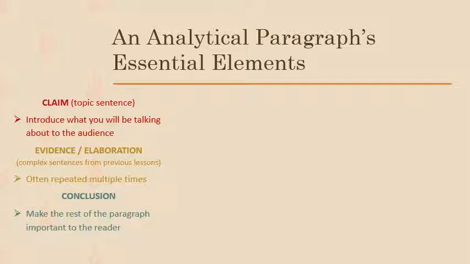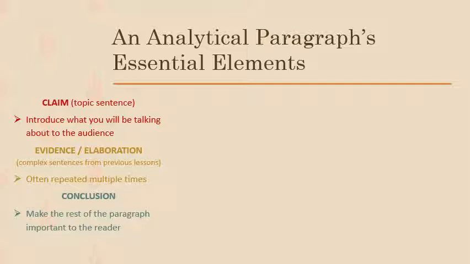You want to make the reader feel like they got something meaningful out of the experience of having read your paragraph. So what you'll end up with is a pretty sizable paragraph. We're talking at minimum, if all of these elements are their own sentence, and you have one claim and one conclusion, there's two sentences.